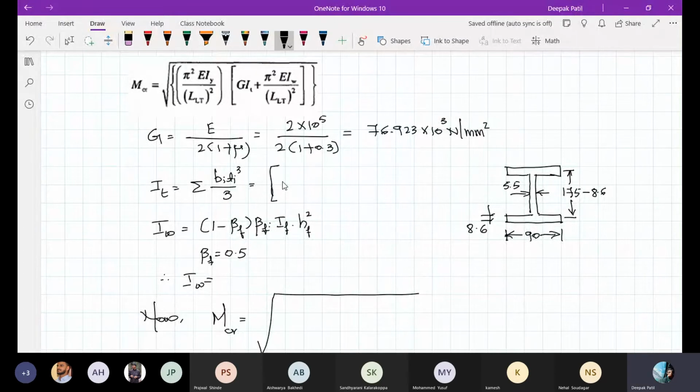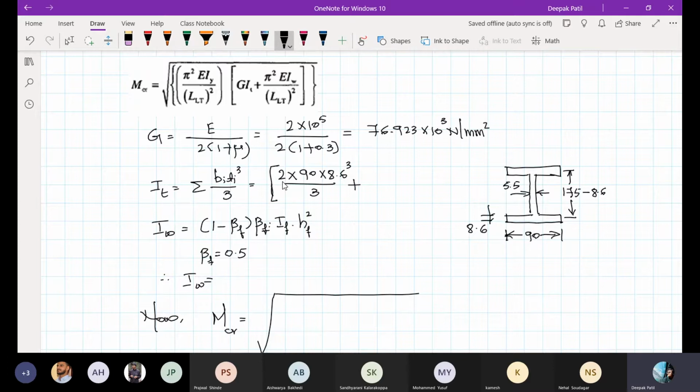First, let us do it for the two flanges. So 2 into, the bigger dimension will be b and the smaller dimension will be t. So it will be 2 times 90 into the thickness of flange 8.6 cube divided by 3, plus that of the web.